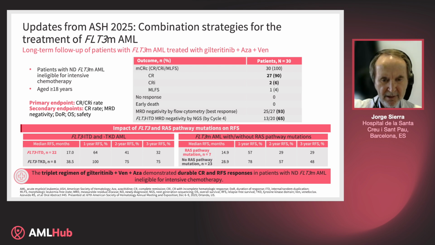NGS. Below in the slide, you can see the 1, 2, and 3 year relapse-free survival in patients with FLT3 ITD receiving this combination, 64, 41, and 32%, and very good results in patients with TKD, 1 year, 100% survival, 2 years, 75% relapse-free survival, and 3 years, 75%.